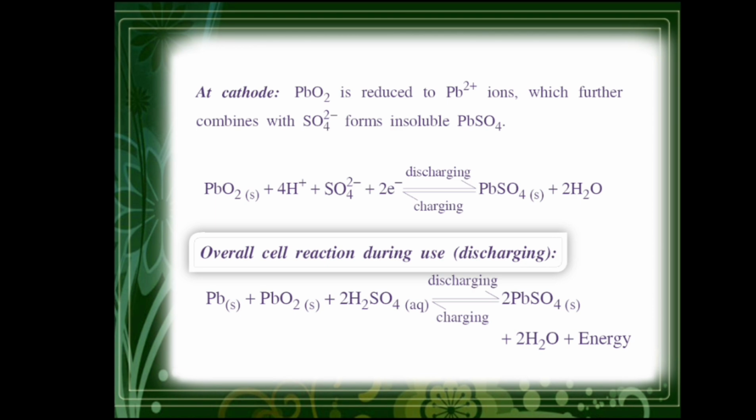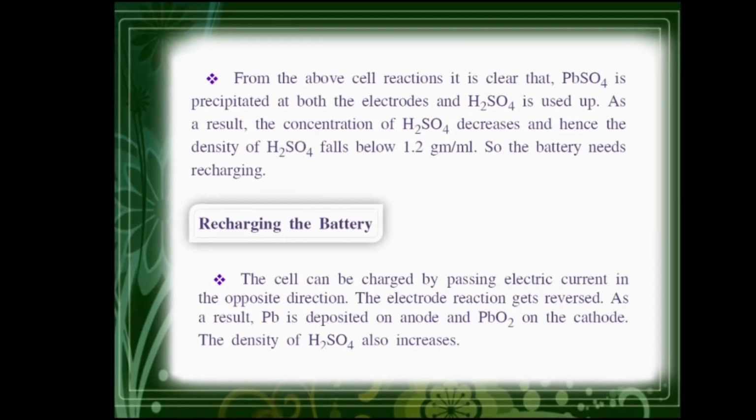Here also the arrow is a double arrow, and both forward and backward reactions take place. The overall cell reaction during its usage: Pb plus PbO2 plus 2H2SO4 gives 2PbSO4 plus 2H2O plus energy. Here also the arrow is a double arrow, and both forward and backward reactions take place.